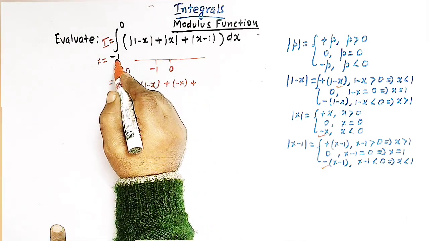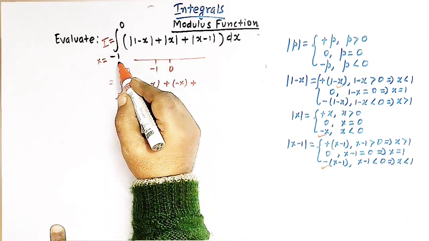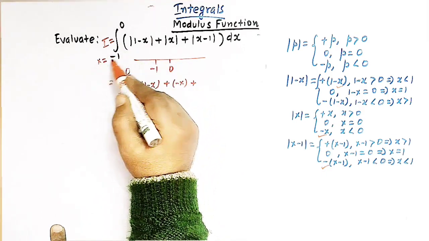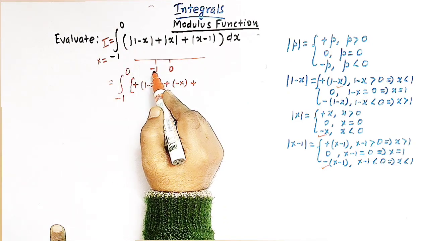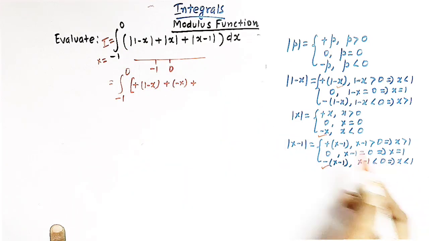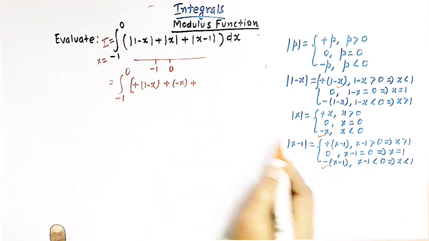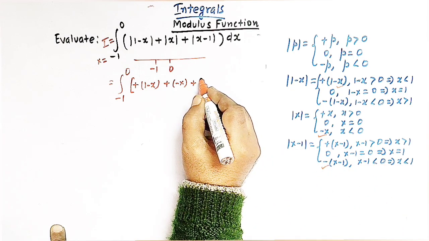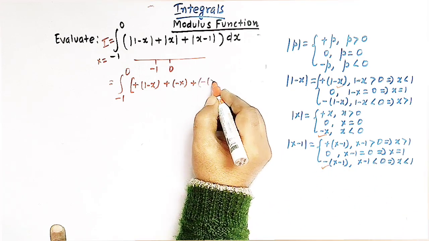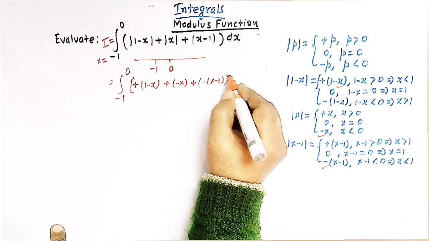And since the limits of integration here, all the values of x lie between minus 1 and 0, obviously all the x are less than 1. So here mod of x minus 1 can be replaced by a negative of x minus 1, right?